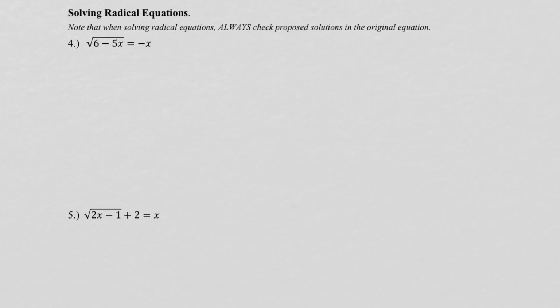So here, our strategy is that we want to isolate the radical first, and then we want to square both sides. So isolate the radical first, if necessary, which most of the time it is.